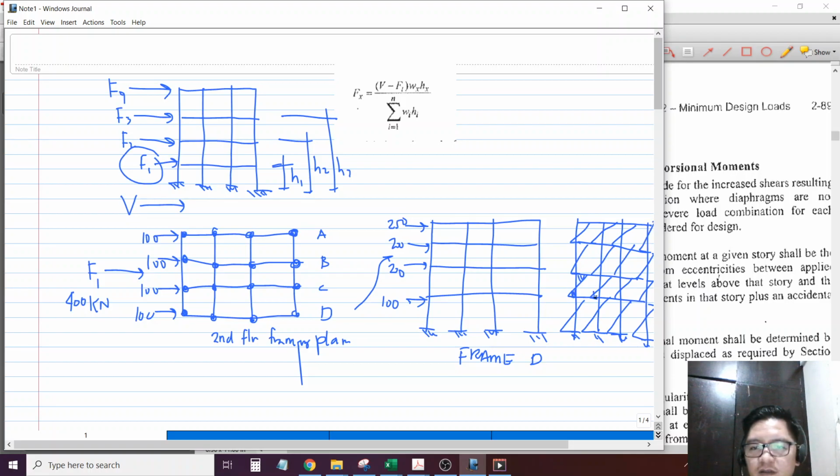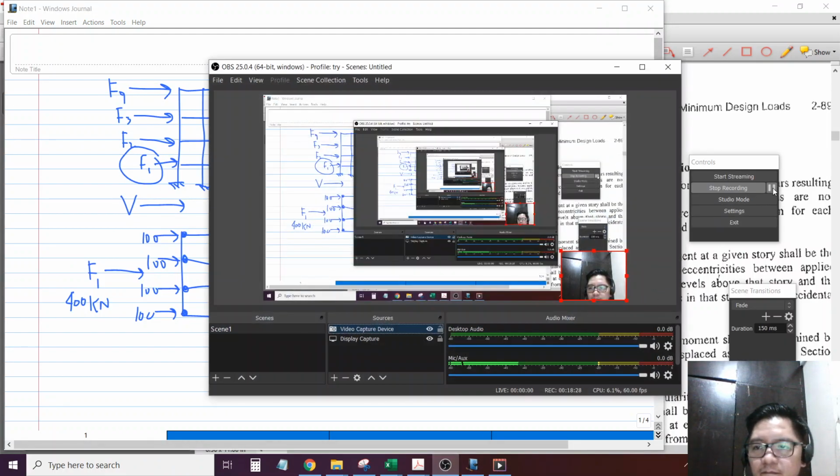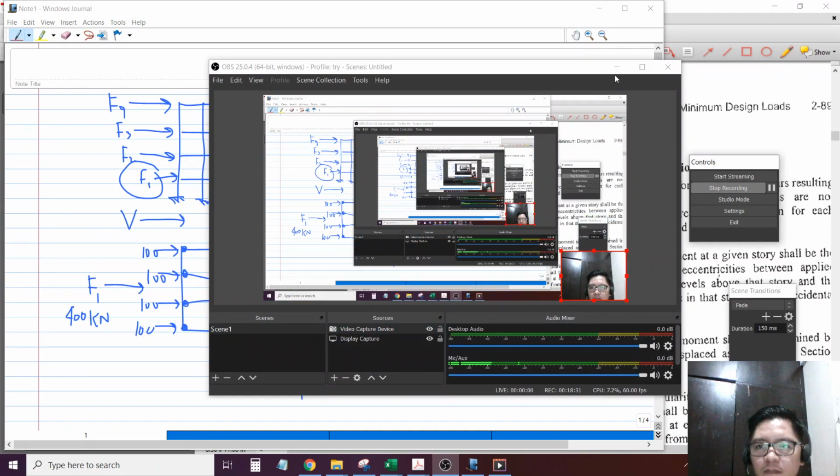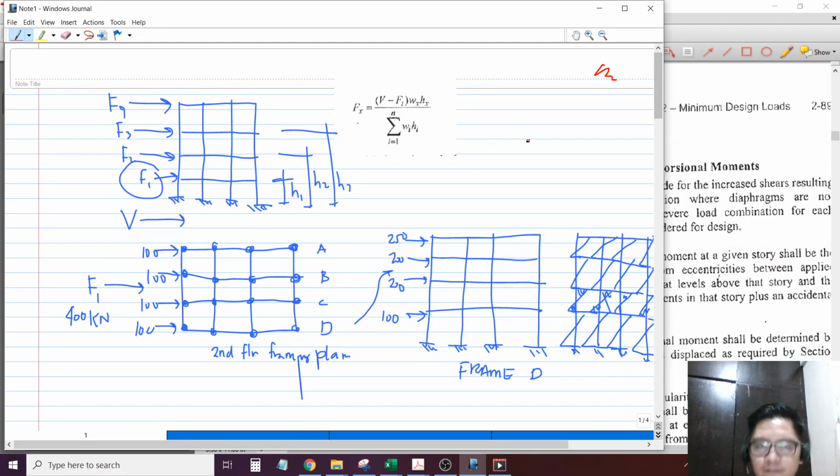So, ganyan. Moment diagram ng column. And then, for the beams, okay. So, ito yung, say, moment diagram sa column. Ito naman yung moment diagram sa beam.